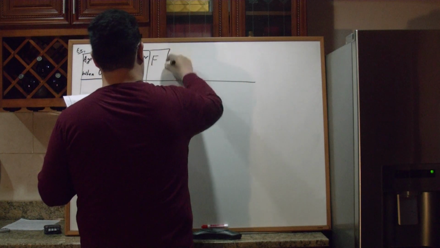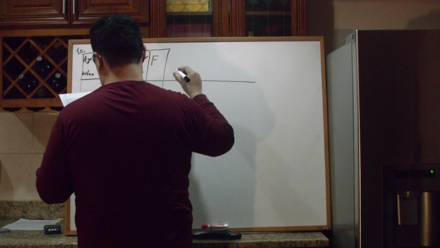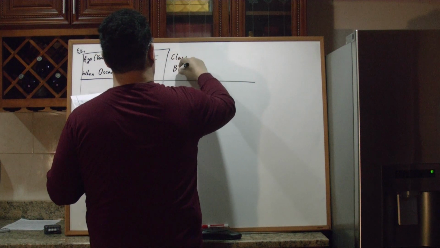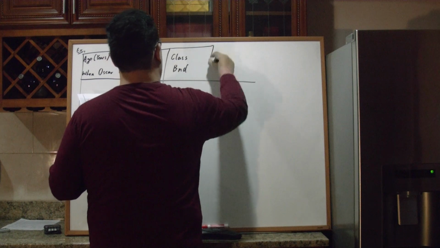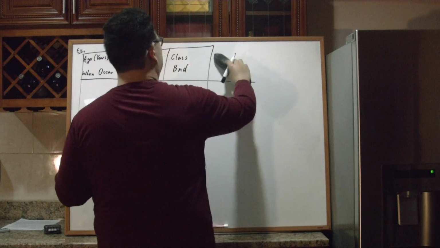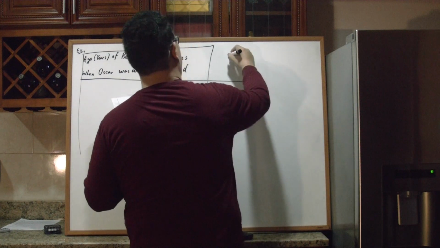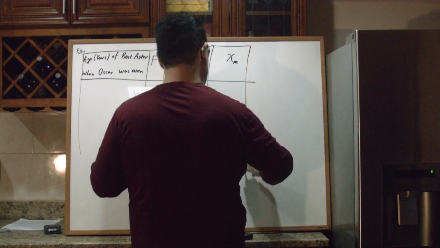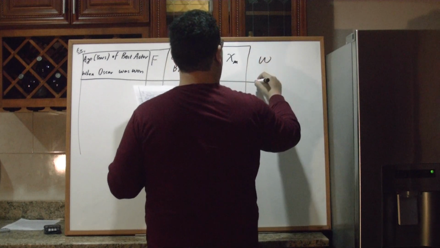The frequency is provided in the table, and we want to find the class boundaries, the class midpoint, and the class width.